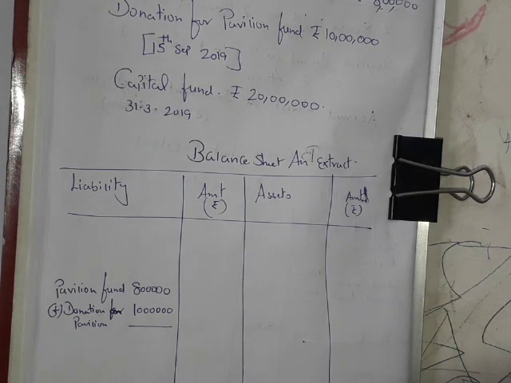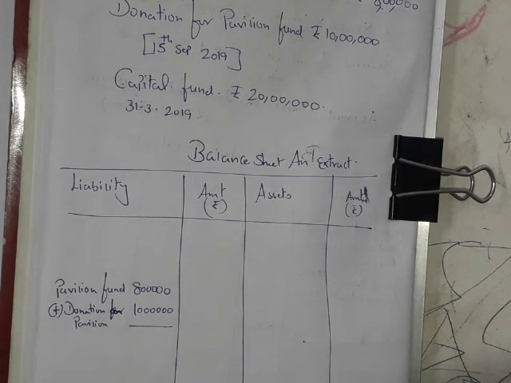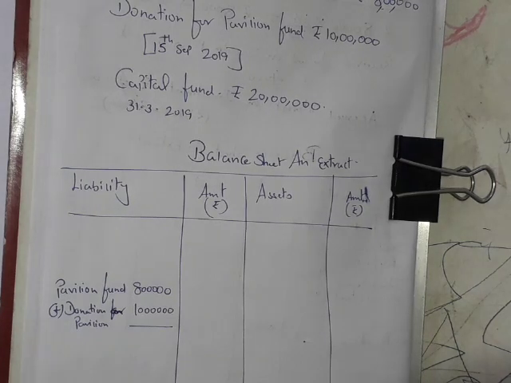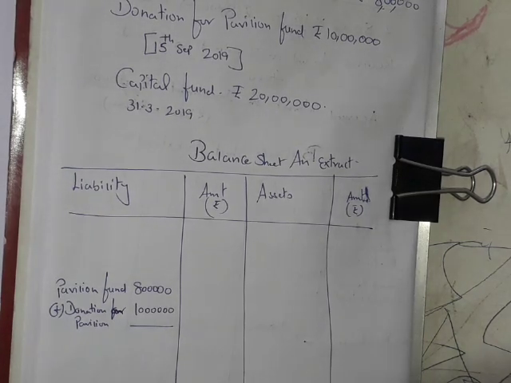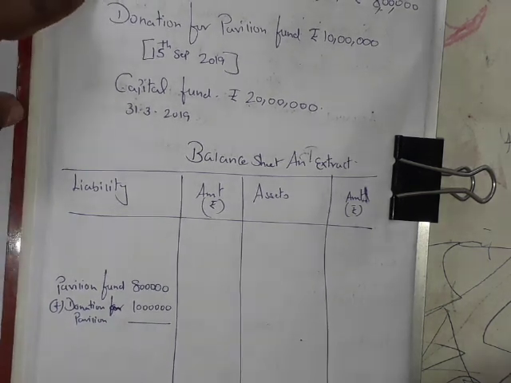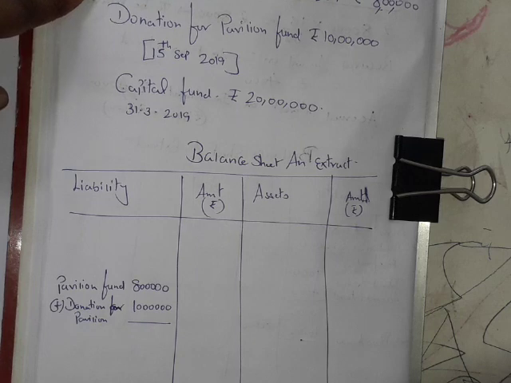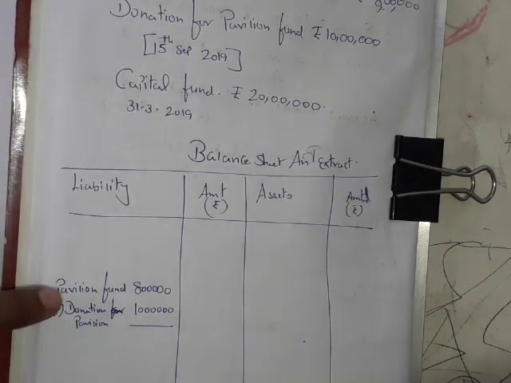How? It's very simple. It's a logic behind the question. The pavilion fund they have given us as at 31st of March 2019. So obviously this closing balance, whatever you have, will be the opening balance for your next financial year.